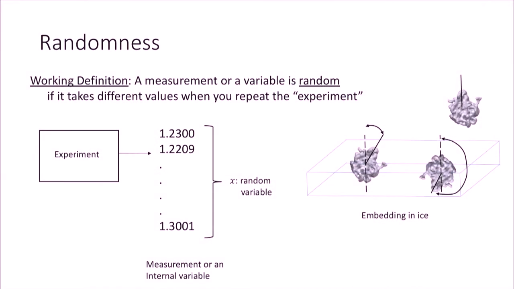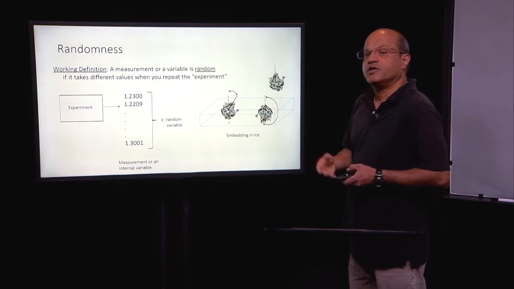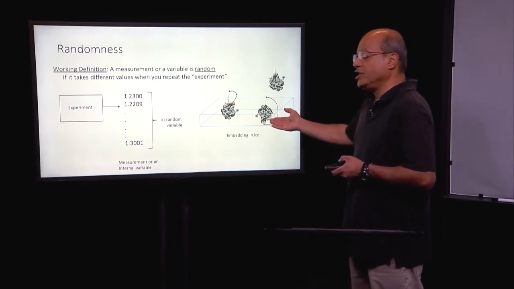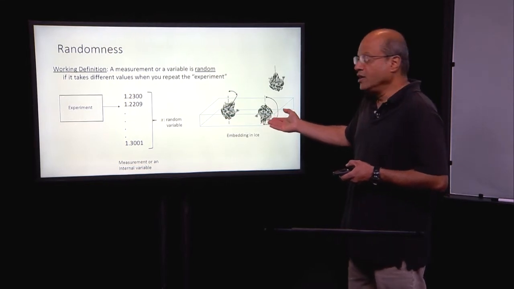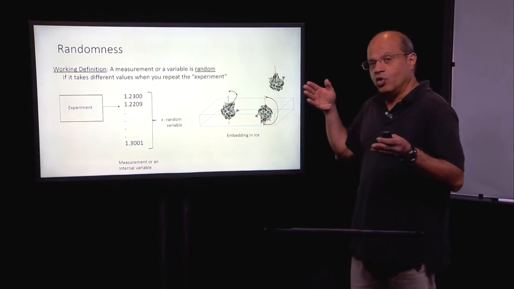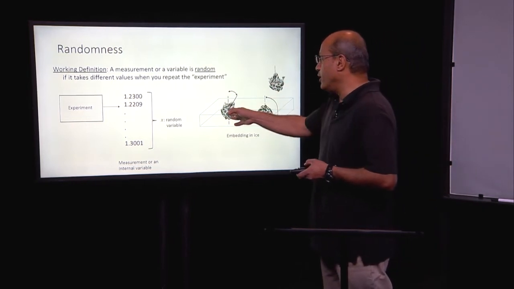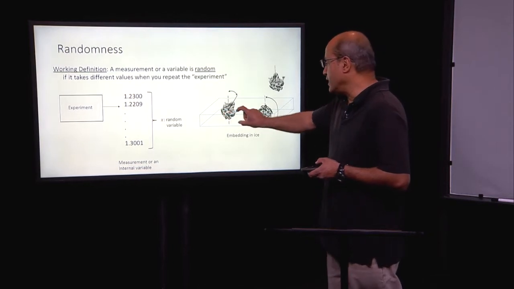And then for every embedded particle, we can measure the tilt of that axis from the vertical direction, from the beam direction. So that's a single angle that we are measuring. And for different experiments, that is for different embeddings of the particle, that angle now takes different values. So that angle is a random variable associated with embedding of this particle in the ice. So the experiment here is not the overall CryoEM experiment that you're doing, but the embedding of a single particle inside that slab of ice.